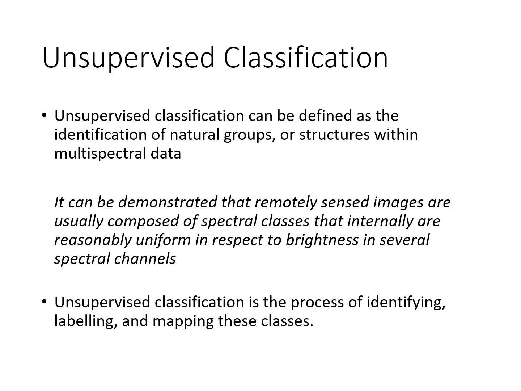So just because the world is organized that way, images are organized the same way. They generally tend to have different spectral classes that are uniform with respect to each one of them and then distinct from other spectral classes. And unsupervised classification is just the process of identifying, labeling, and then mapping those classes.